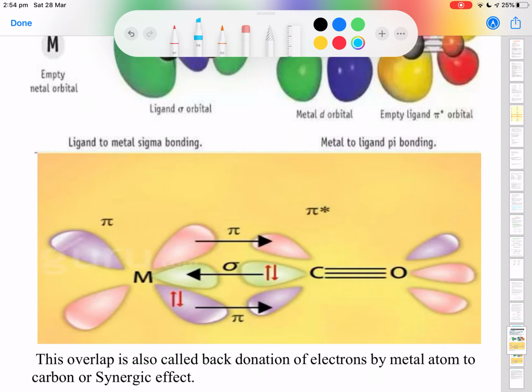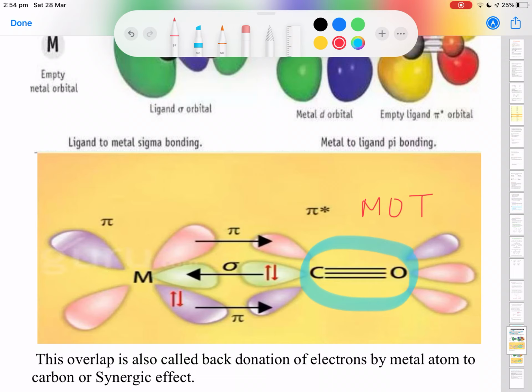As I told you, the formation of the carbon monoxide molecule depends on the concept of molecular orbital theory, which you have already learned in grade 11. According to molecular orbital theory, there is a participation of bonding and antibonding orbitals.